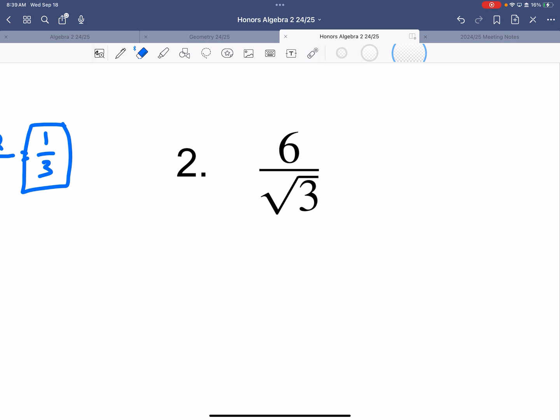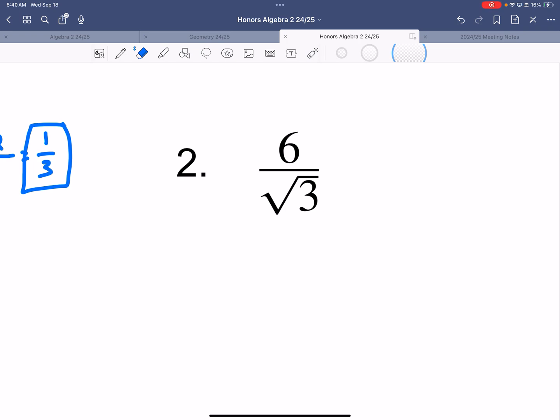So, if I want to not change the value of something, what operation can I use to not change the value but change it? If I add 0 to it, do I change its value? No, but is adding 0 going to do anything? No. If I multiply, what do I have to multiply by in order not to change its value?